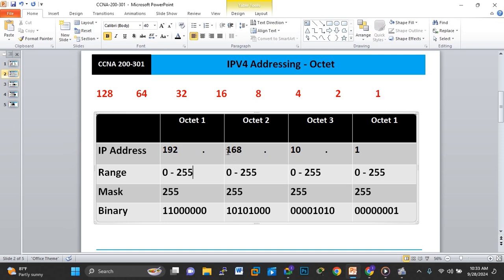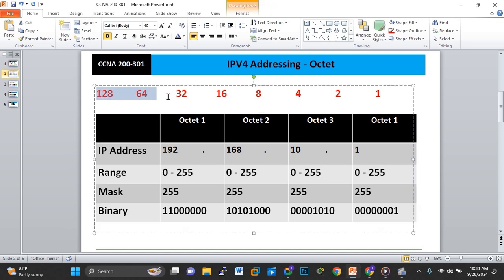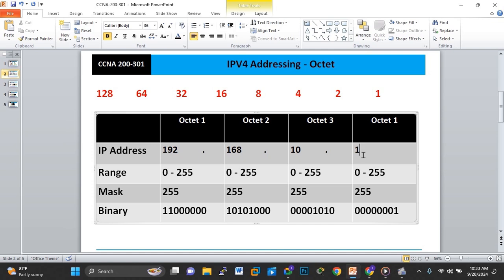So you see, now this is 168. This 168 also ranges from 0 to 255. This 10 ranges from 0 to 255 because why? An octet ranges from 0 to 255 because the octet is represented by 8 bits. You can see here dot 1.